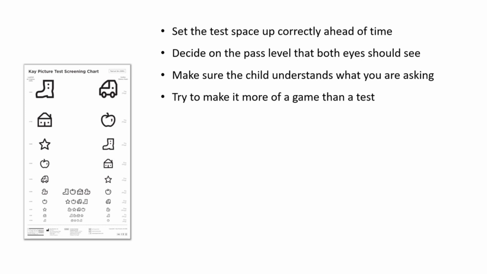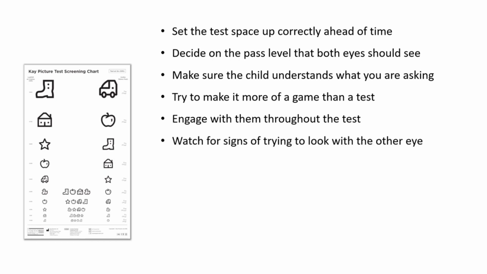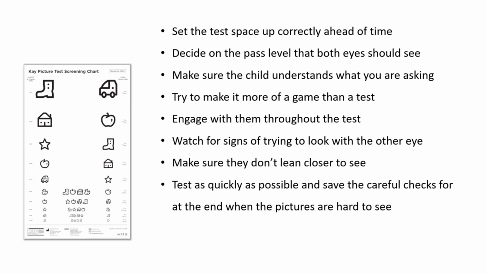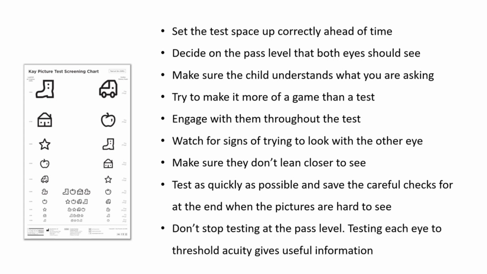Be aware of a child finding it difficult to see, perhaps trying to look with the eye that's covered up, or leaning forward. Test as quickly as possible, saving any careful checks for at the end when the pictures are getting hard for them to see. And don't stop testing at the pass level. Testing each eye to threshold acuity also gives some useful information.